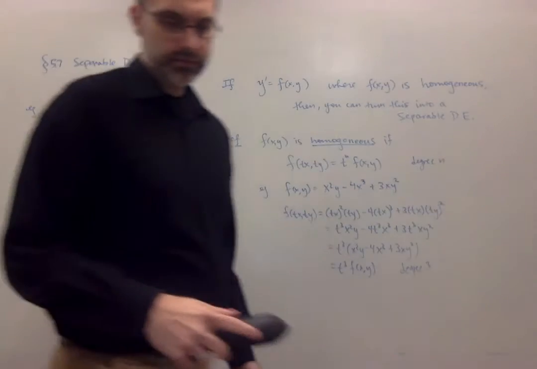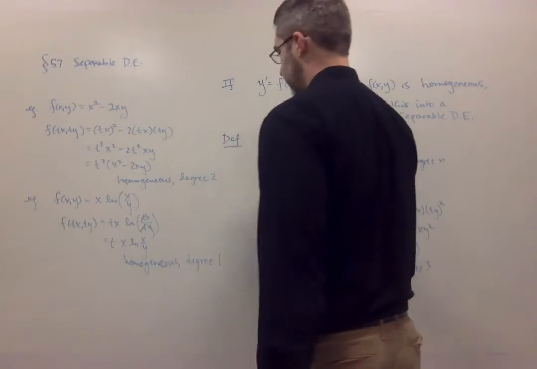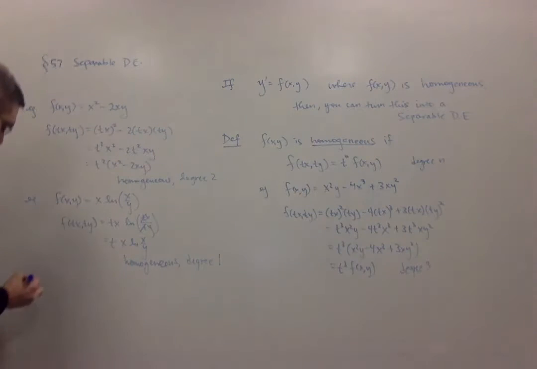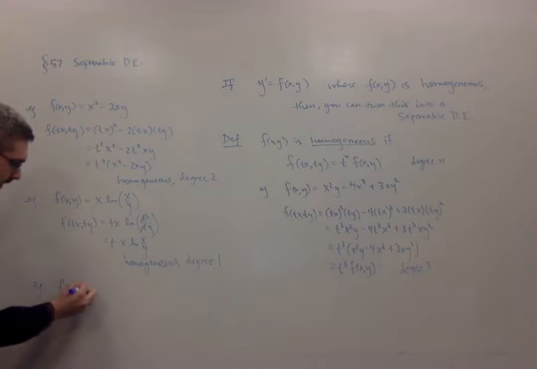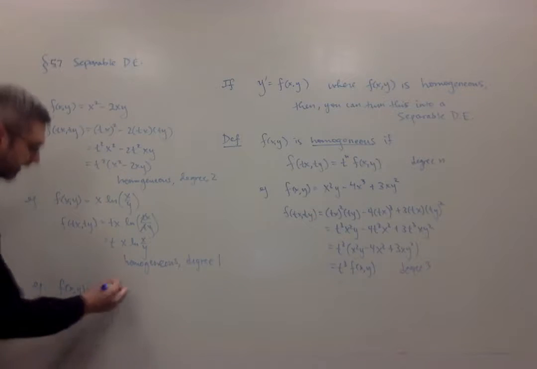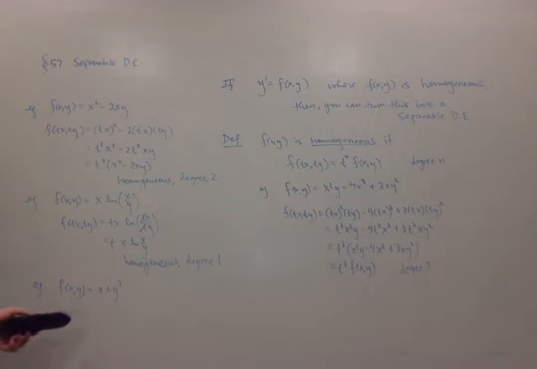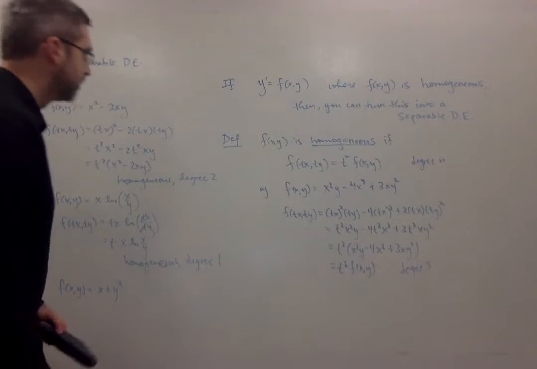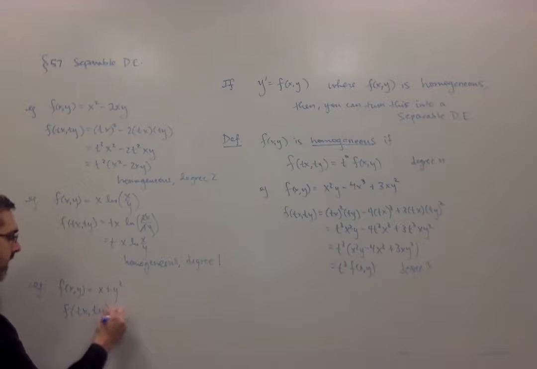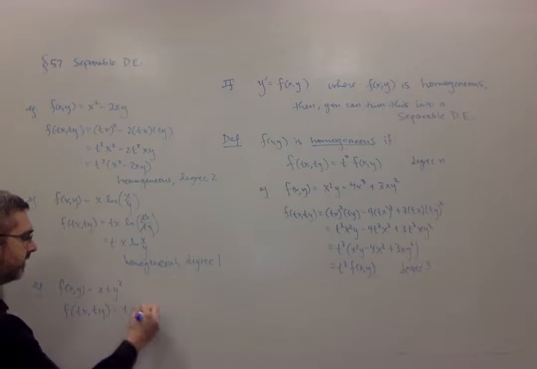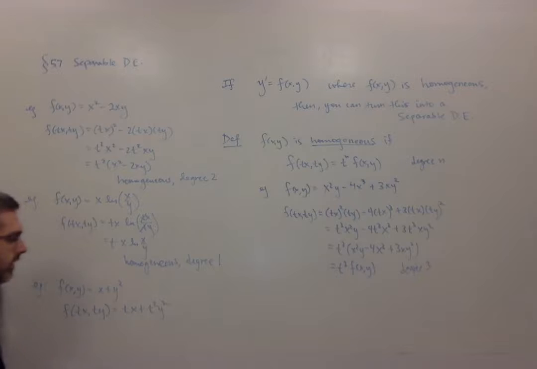Okay, now, lest you think that every function is homogeneous, let me give you one last example here. If I had x plus y squared, this one will not work. Can you see why? If this is x plus y squared, and I plug in tx and ty, I'm going to get a tx, but I'm going to get a t squared, y squared.